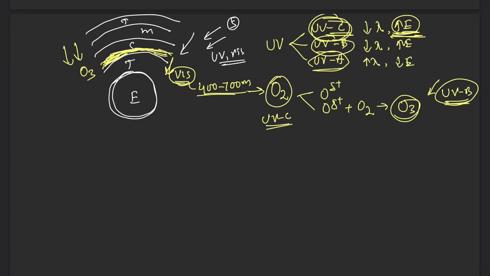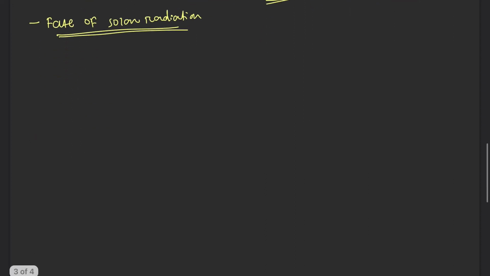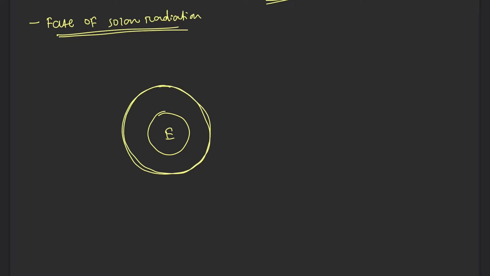That we'll cover in the fate of solar radiation. That means what happens to the solar radiation when it enters the Earth's atmosphere? Suppose this is the Earth's surface, then this is our atmosphere, right?